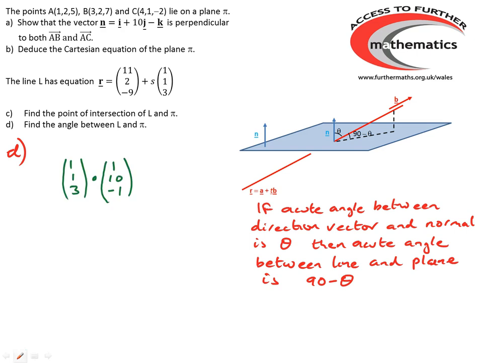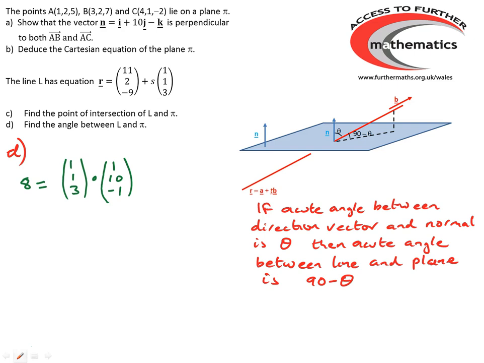So the direction vector of the line is (1, 1, 3). The normal to the plane is (1, 10, -1). We can calculate that scalar product very easily. 1 times 1 plus 1 times 10 plus 3 times -1 gives me 8.